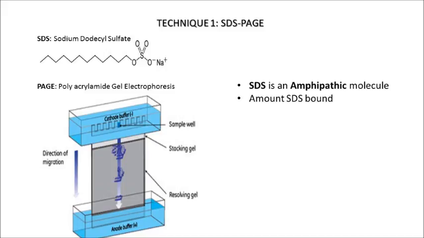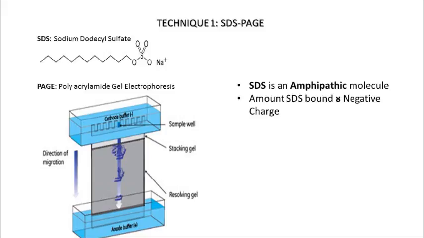So the method itself basically relies on the sieve, which is basically the gel. The amount of SDS bound to the protein depends on hydrophobic regions, due to hydrophobic interactions, which aggregate together.